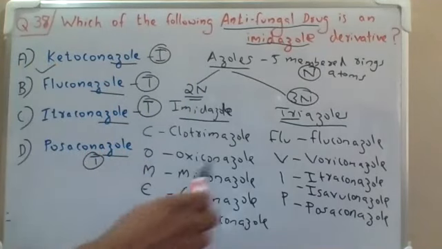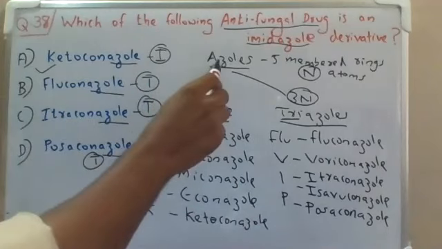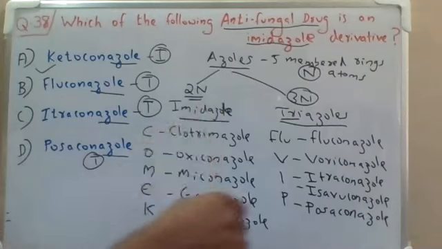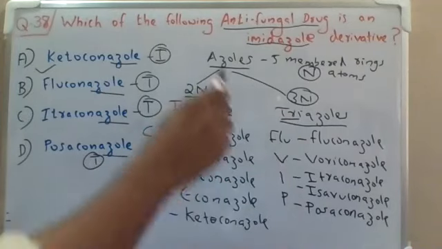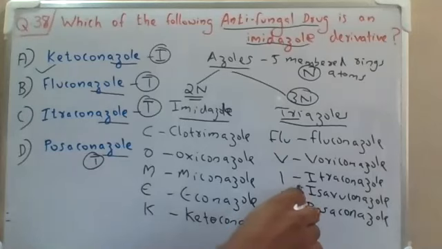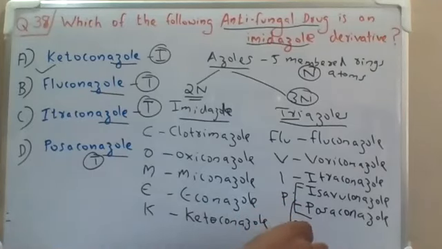And one more thing you should remember: out of the different azole drugs we have explained, only 2 drugs, isavuconazole and posaconazole, are effective against black fungus infection, or mucormycosis.